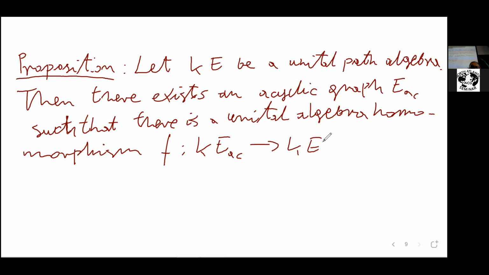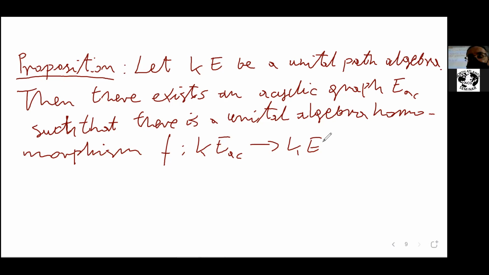Now I'm going the other way around. In order to remove, disregard the part which is beyond the Jacobson radical, I have to move in the other direction. I'm constructing a graph which is sort of above E, not the subgraph as before.